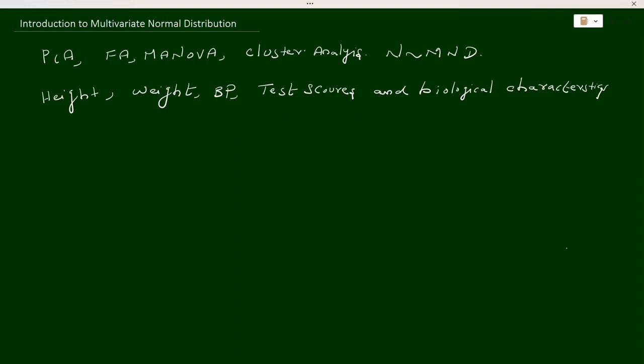Okay, so we cannot expect that always the data set will follow the normal distribution. Sometimes the data set may not follow the normal distribution.